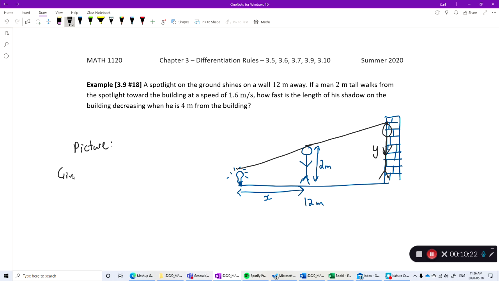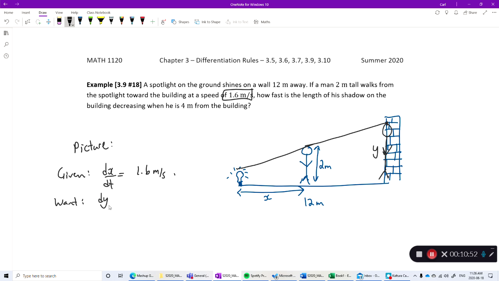So what are we given? We're given dx dt, that's the speed that the man is walking towards the building at, 1.6 meters per second. And we're given the 12 and the 2, but those are already in the picture, so I didn't label those. Those weren't variables. What we want is how fast the length of his shadow is decreasing.